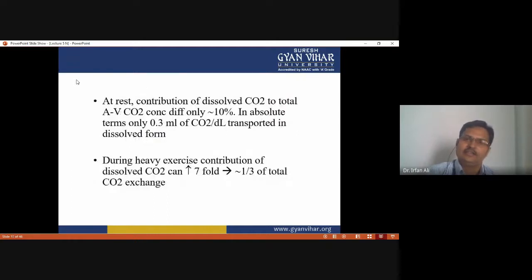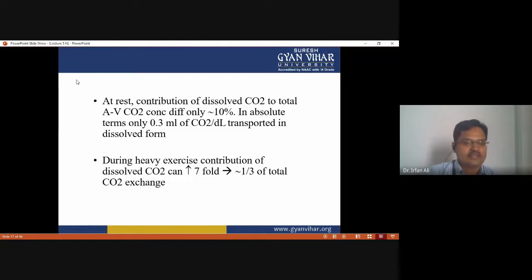At rest, the contribution of dissolved carbon dioxide to the total arterial-venous carbon dioxide concentration difference is only 10%, and in absolute terms only 3 ml of carbon dioxide per 100 ml of blood is transported in the dissolved form.